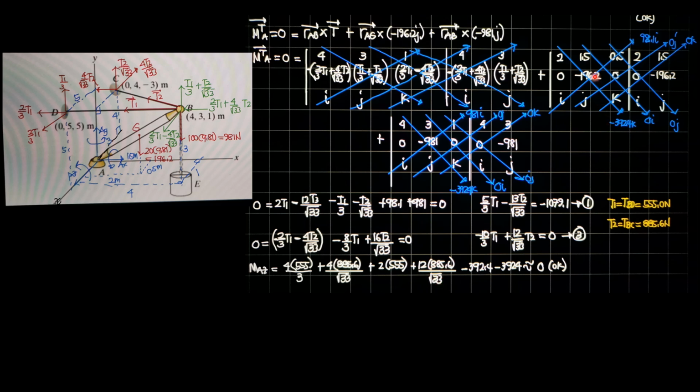Okay. Then here we have negative 392.4, 2 times negative 196.2, negative 392.4, then minus 0, so negative 392.4. Then here we have 4 times negative 981, negative 3,924 k, minus 0, so negative 3,924.